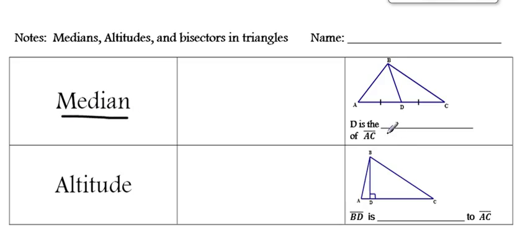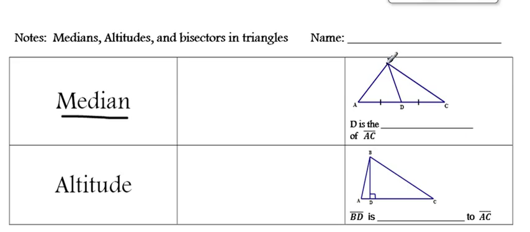A median exists in a triangle, and it's going to connect a vertex of a triangle to the opposite side, that means across from, at the opposite side's midpoint. So if you look at the picture here, we have segment BD.